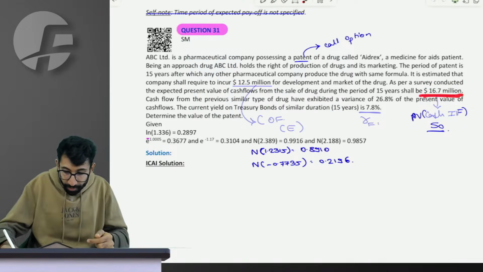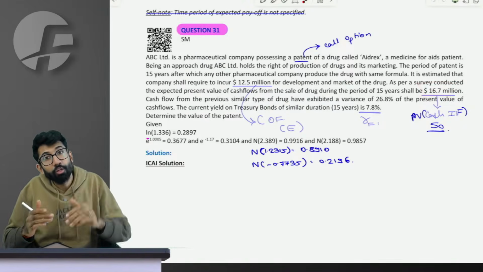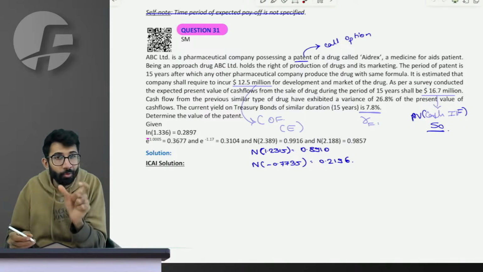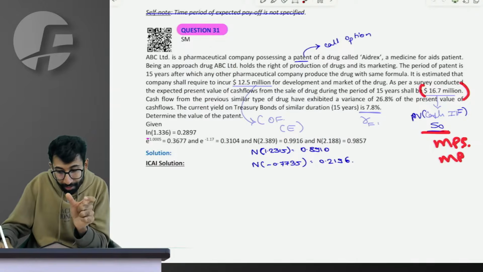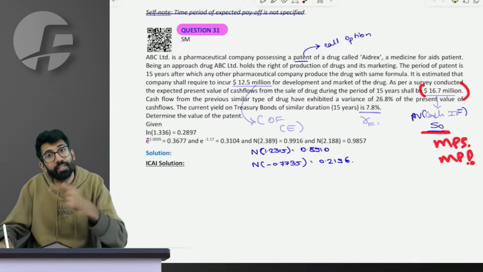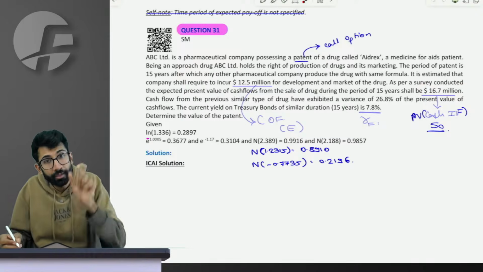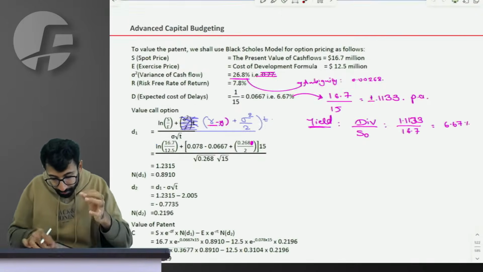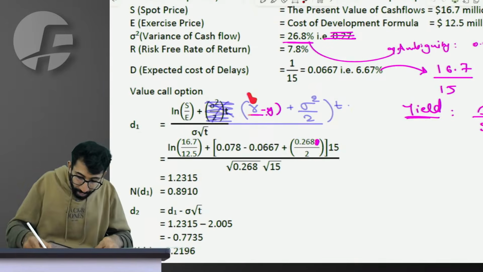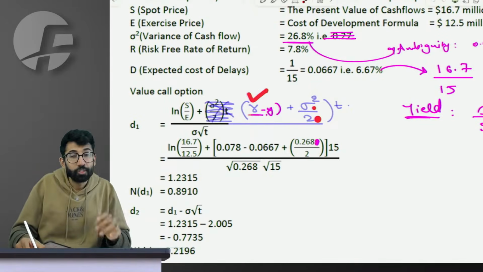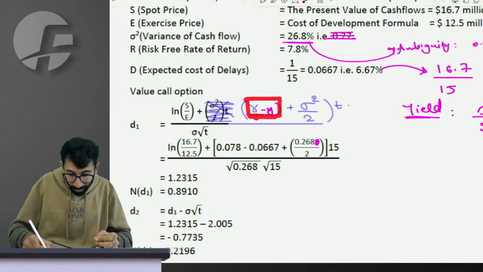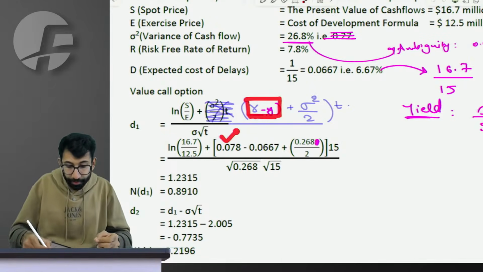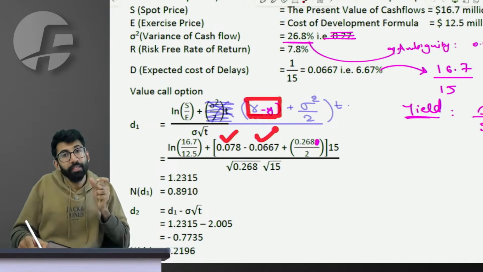In other words, we have been given the amount of dividend yield on the amount of investment today, on my spot price, on the market price of the share, on the market price of the project. The cash flow that you receive, the dividend that you receive, is called dividend yield, and the treatment of it is really simple. R plus sigma square, which is variance, divided by 2 to the power t. When we do, rather than this, you will now have to do R minus y. R, rate of interest. Y, the amount of dividend yield.